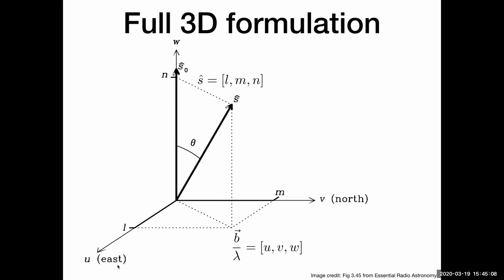Usually we define U such that it's oriented towards the east, and then V comes out towards the north, generally, although not exactly east or north, depending on the direction you're looking in. 3D is messy. There's no way around it. So we have our direction vector, and we also have our baseline vector, which we've normalized by the wavelength, and this is in UVW coordinates. So in the same coordinate system, we have this baseline vector UVW and a direction vector LMN.